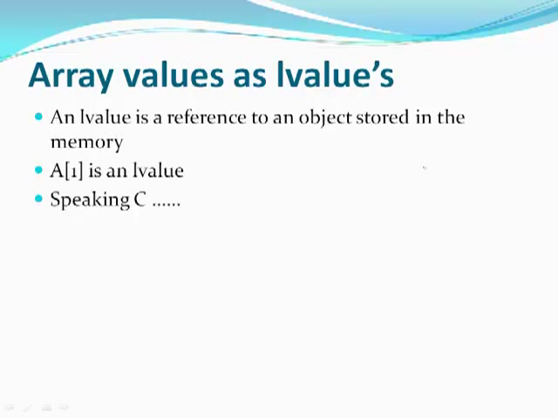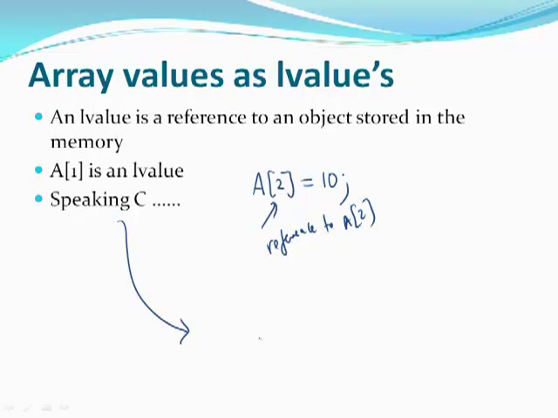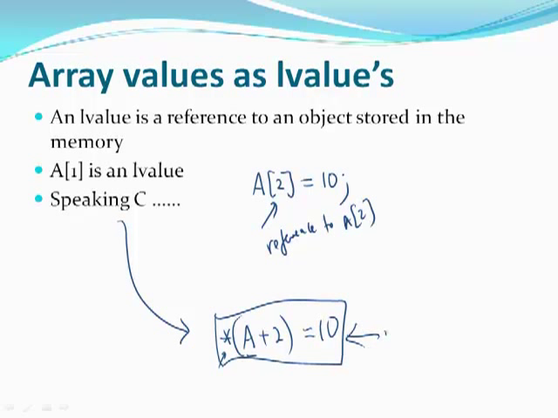Now arrays have what we call L-values. An L-value is a reference to an object stored in memory. That's the definition of an L-value. So for example, if you say A[2] = 10, what we mean by that is that this is the reference really to A[2]. Now in C, this would translate into something like this: it would take the address, the location of A, add 8 bytes to it, and you will know why when we talk about C, and then dereference it, and assign 10 to that.